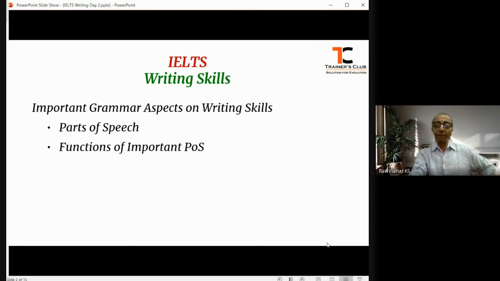So, can anyone tell me what are the major factors of grammar? Just the cream of it. I'm not going to deep dive into the grammar. I'm not taking literature classes for any of you here. I will only be giving you the creamy layer, which is very important and very useful for your IELTS exam, whether it is writing or speaking skills.